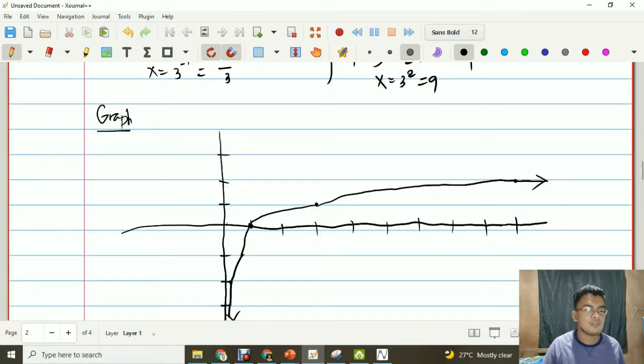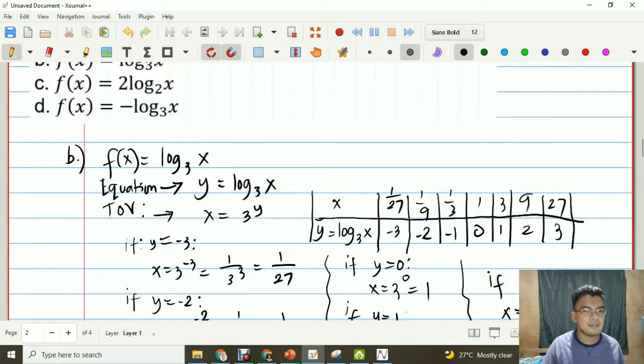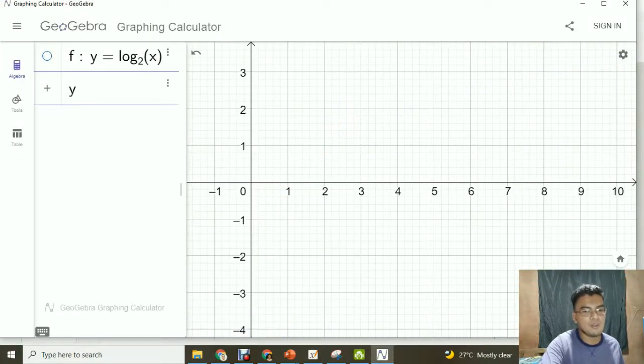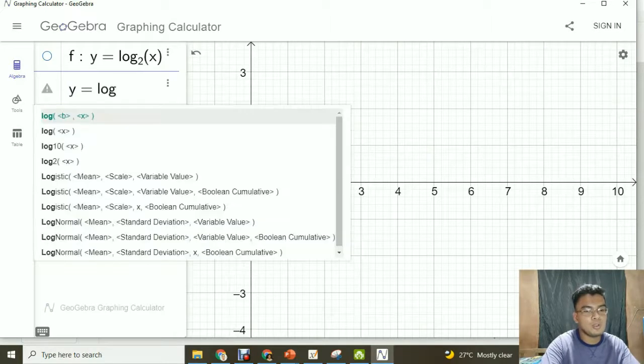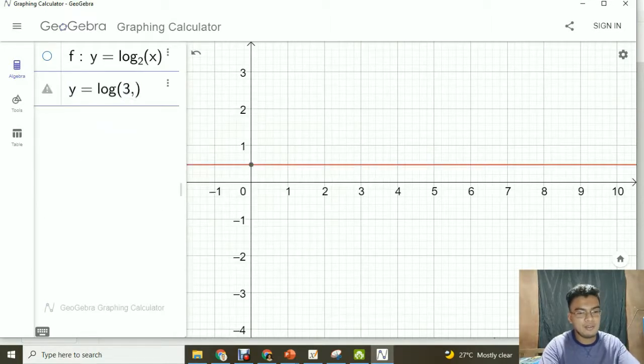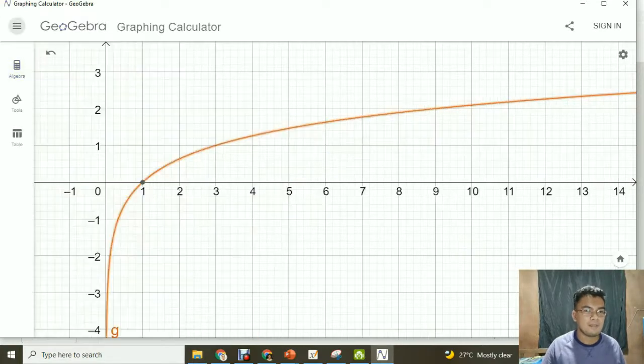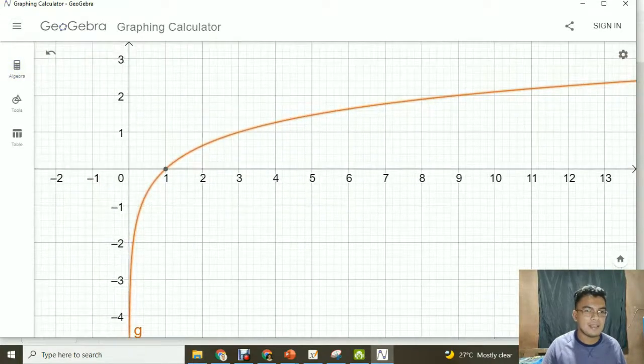So, if we will graph this sa ating graphing calculator, this will be y is equal to log base 3 of x. So, ganito ho ang kanyang magiging appearance.